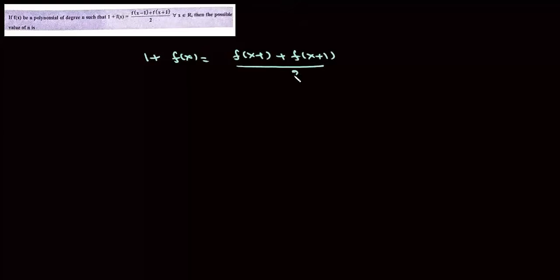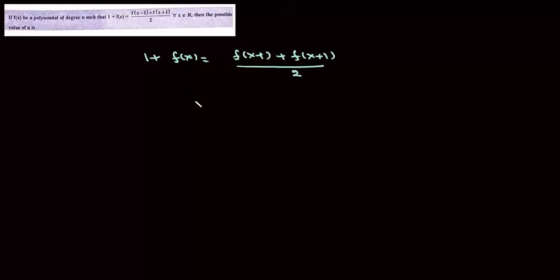Now, in first differences, you may get questions in recurring relations as well as in functions. Say, for example, you are given this question where it says f of x is equal to f of x minus 1 plus f of x plus 1, whole divided by 2.